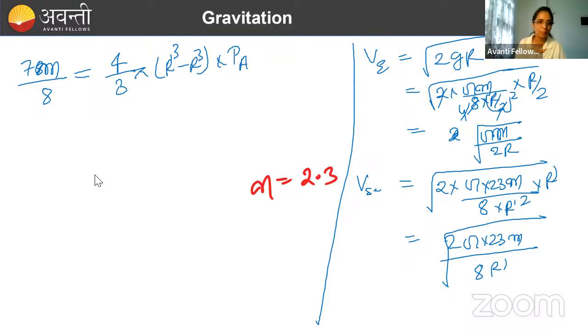Again, you all remember that the value of m was equal to what? The value of m was 4/3 pi r cube into rho A, right?